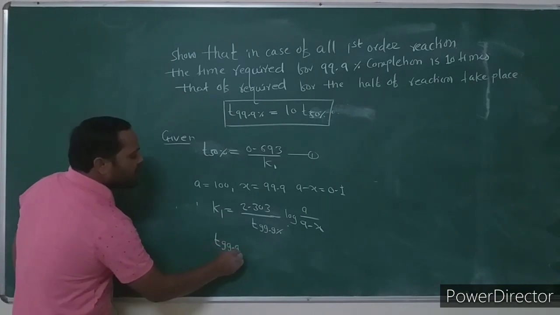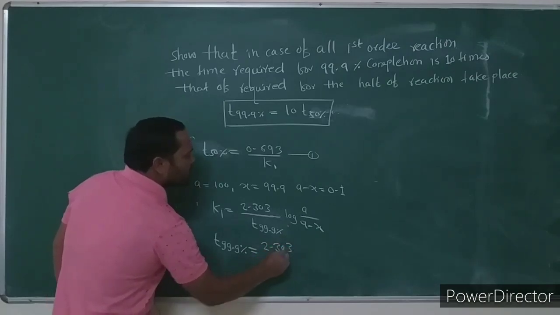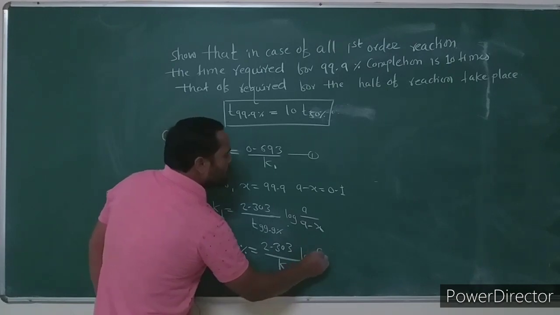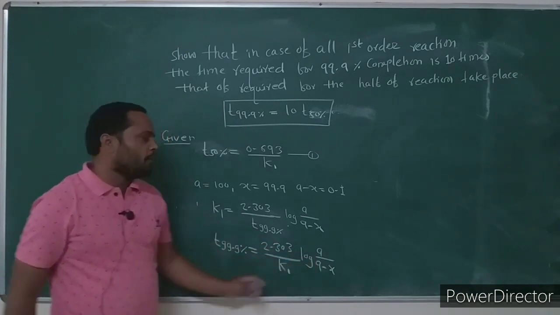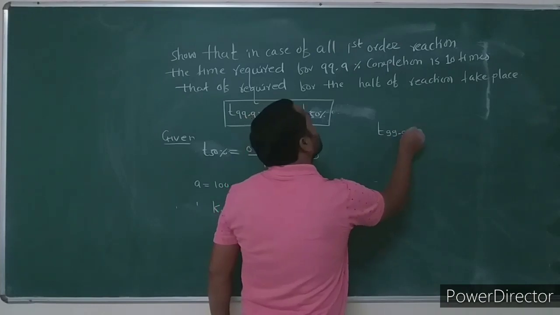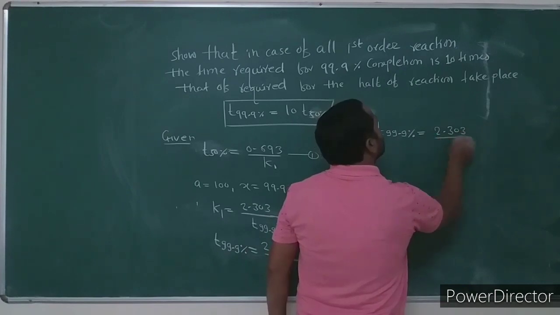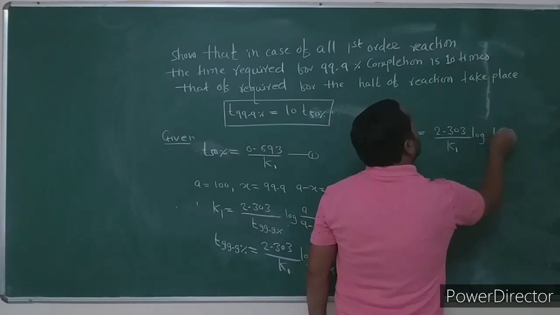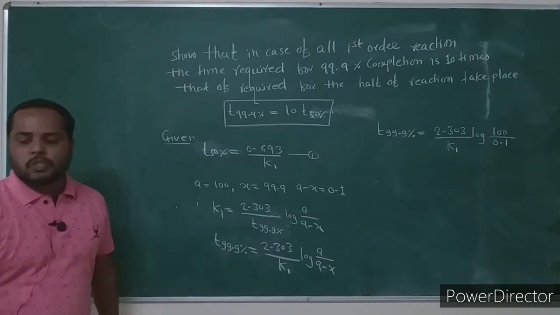T 99.9% is equal to 2.303 divided by K1 log A upon A minus X. We can substitute the values of A and A minus X. T 99.9% is equal to 2.303 divided by K1 log of A is 100 and A minus X is 0.1.